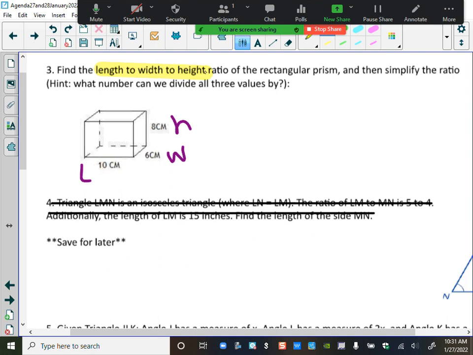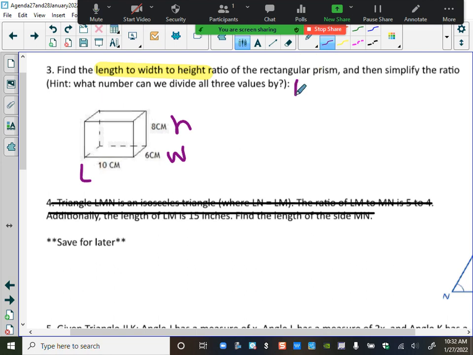That's okay. But now, look at our wording. The wording is going to help us determine the order we put each number. So it's 10 to 6 to 8, the length to width to height. That's the most important part of the whole problem.